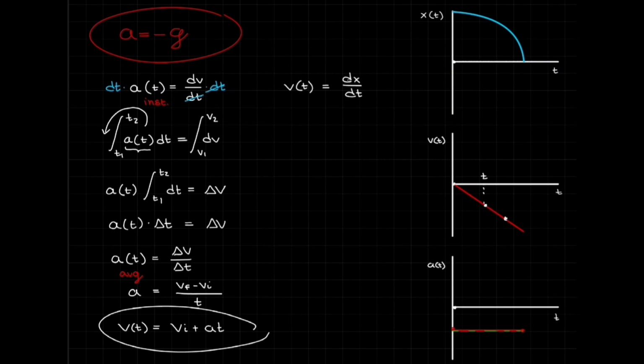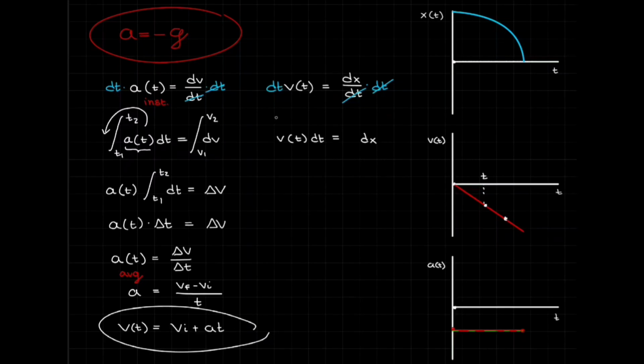So here we start with the definition of velocity, where it's equal to the derivative of displacement with respect to time, right? Let's do the same thing where we just multiply by dt on both sides just to cancel these out, and then we get the differential form. So we're going to have v of t dt is equal to dx, like so.